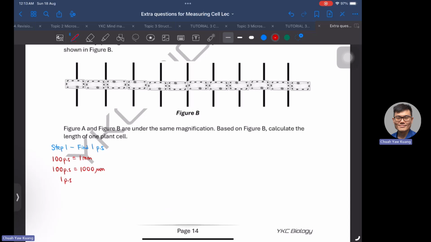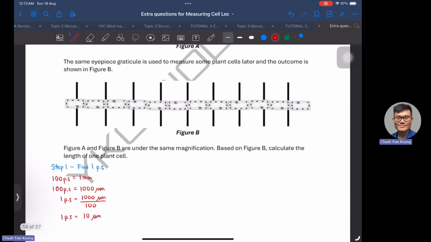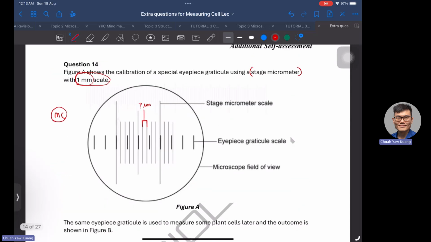That means one pitch on the stage micrometer is equal to 1000 micrometer divided by 100, so one pitch is equal to 10 micrometer. With that, now we know that one pitch on the stage micrometer is equal to 10 micrometer.